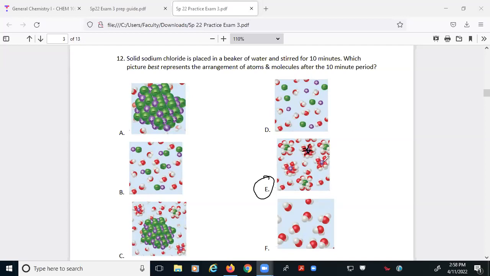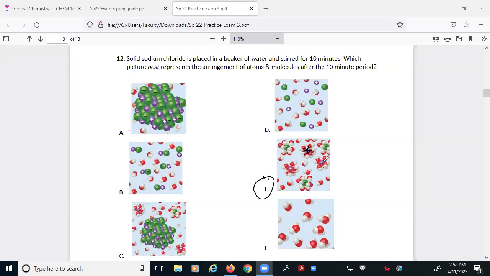And the net result is that the total intermolecular force actually exceeds the ionic attraction of the ions themselves. That's why it dissolves. If we didn't have that, then the ionic crystal wouldn't break apart. We wouldn't see that solubility.